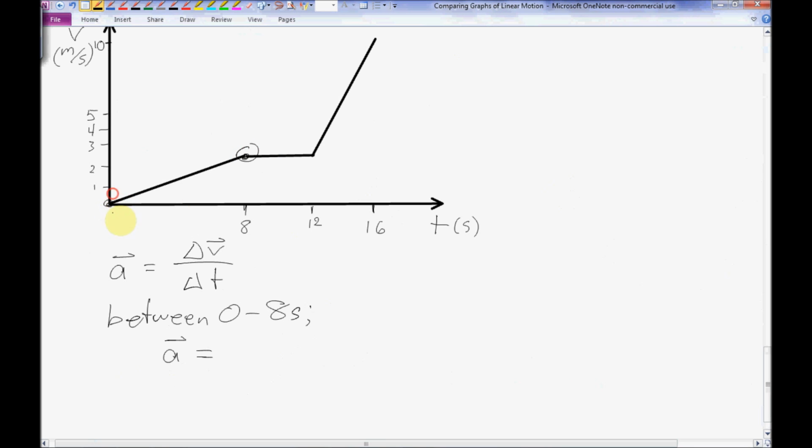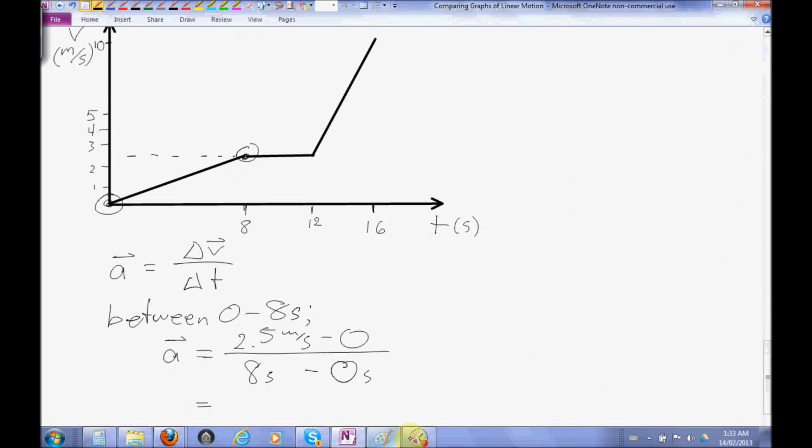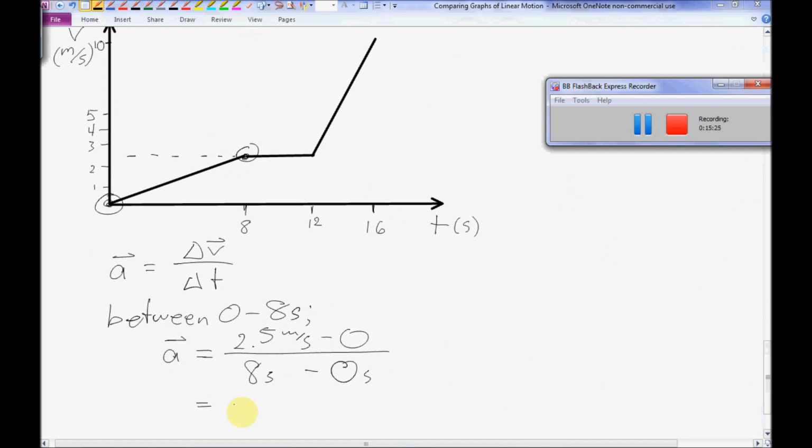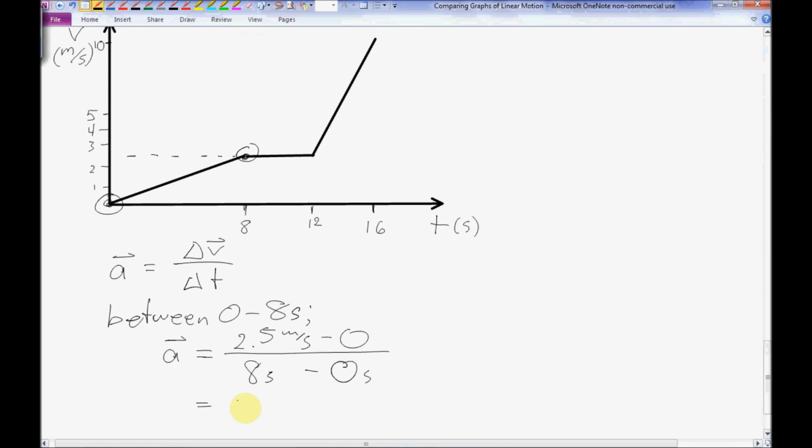This corresponds to, let's say it's 2.5 there, so 2.5 meters per second minus 0 over 8 seconds minus 0. This gives us a value of 0.3125 meters per second squared.